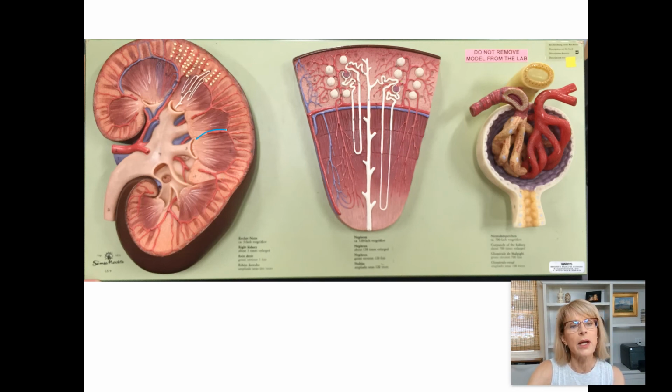But this thing right here, that is actually a renal pyramid. And in real life, they're not triangles. In real life, they're three-dimensional cone-like structures. So if I ask you a question and I say, what is this structure? You would say that structure is a renal pyramid. But if I ask you what area of the kidney is that, you would say that region is the renal medulla, because the renal pyramids are actually in the renal medulla.